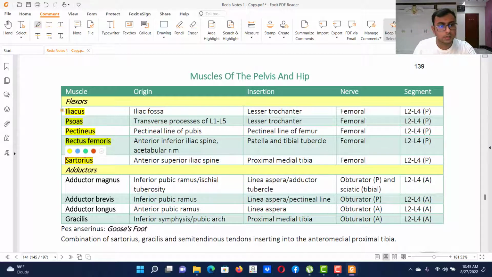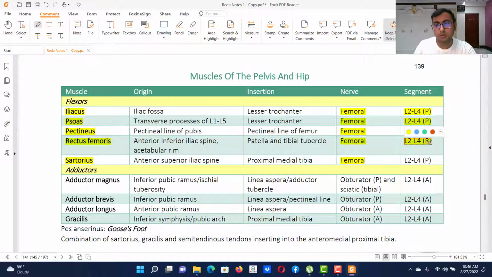So from the very front: iliacus, psoas, pectineus, rectus femoris, and sartorius. These five muscles are supplied by the femoral nerve. So anterior compartment of the thigh, and their root value is the same, lumbar 2, 3, 4. So lumbar 2, 3, 4 supplied by femoral nerve.